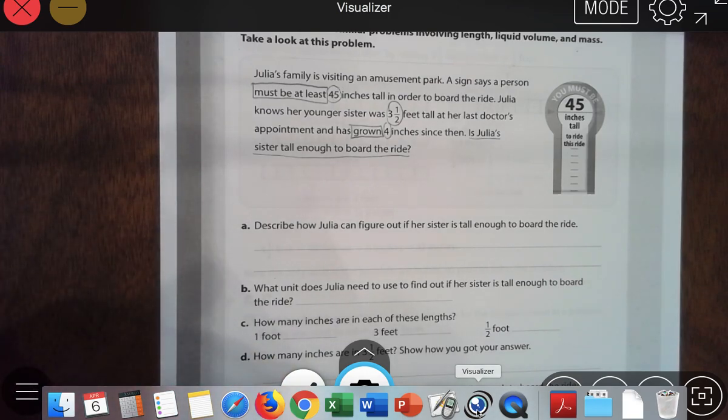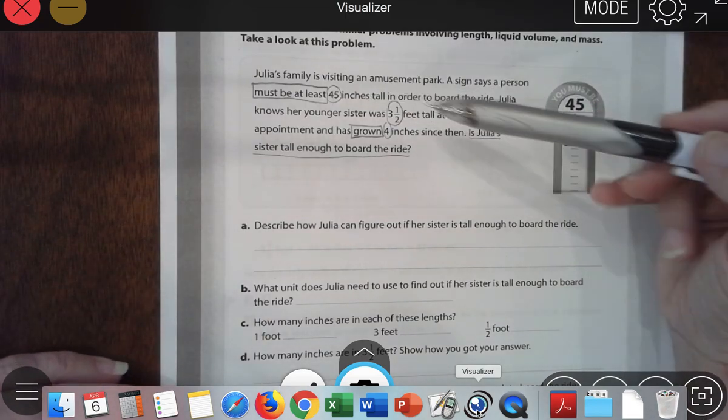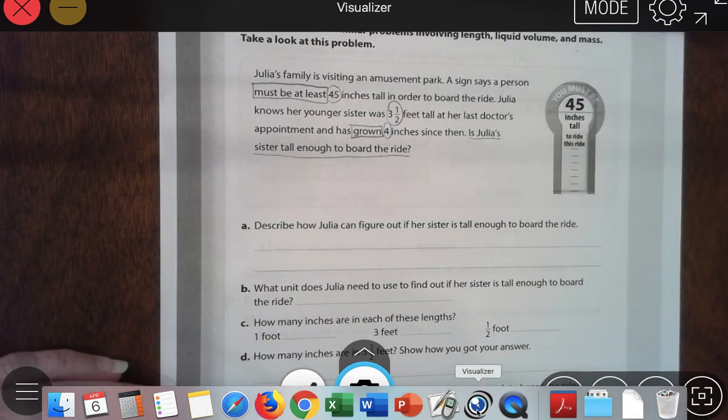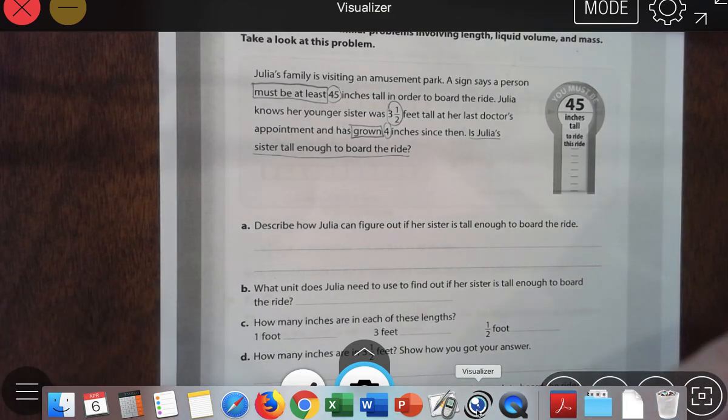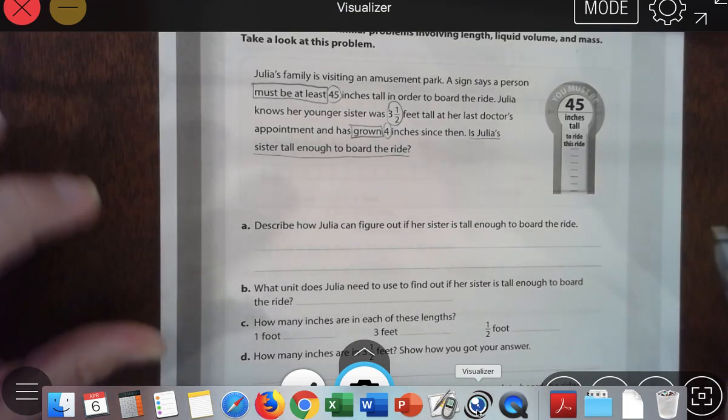I'm going to evaluate. Now, the first thing I need to look at is I've got inches and feet. How am I going to figure out if Julia is tall enough to board the ride? So the first thing I'm going to figure out is how tall she is in inches.